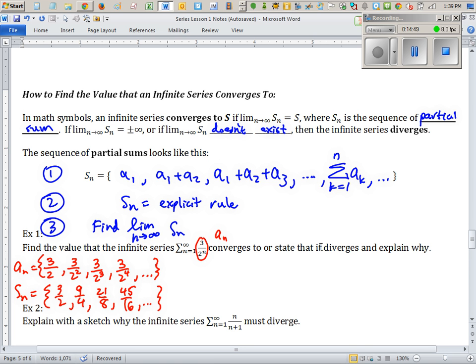Okay? Step 2, I'm trying to create a rule for that sequence. Okay, let's see here. I'm on to step 2. I want to create a formula that will generate a number in the second list. Okay, so it's a little bit hard to see. The bottom's not too bad. What do you notice about the denominator? It goes 2, 4, 8, 16. That's not too complicated. What's the denominator doing there? Doubling, okay.